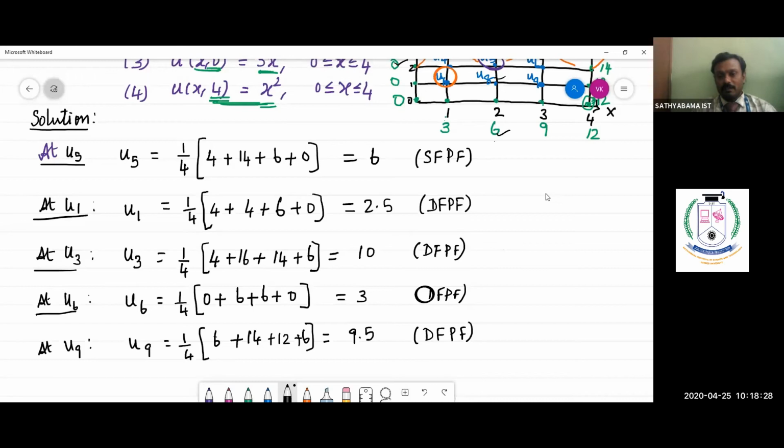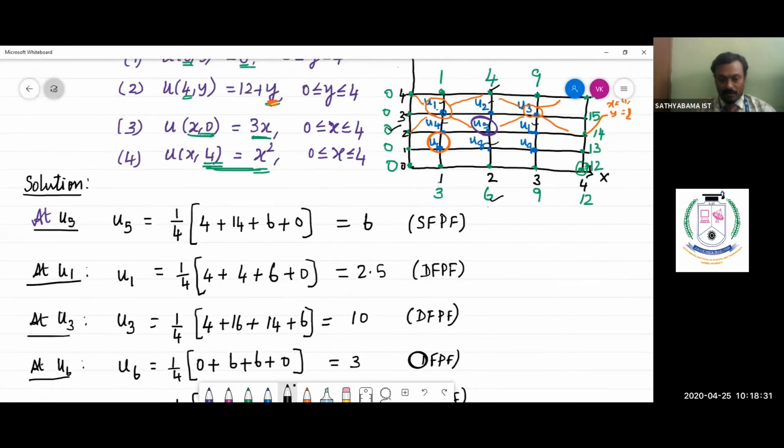So far we have computed the initial values for U1, U3, U5, U6, U9. So all these orange mesh values and the violet mesh values are known. So the current unknown values are going to be U2, for which all the 4 neighboring values are known. U4, again all the 4 neighboring values are known.